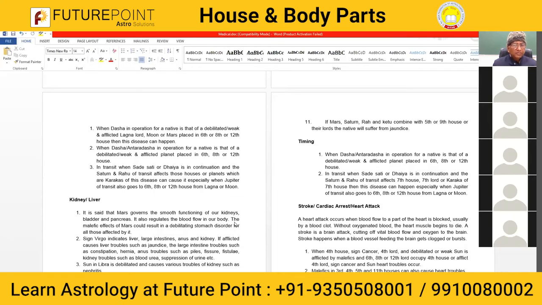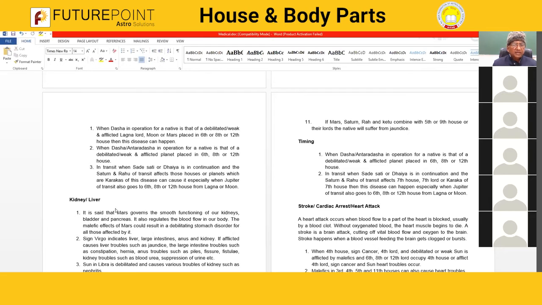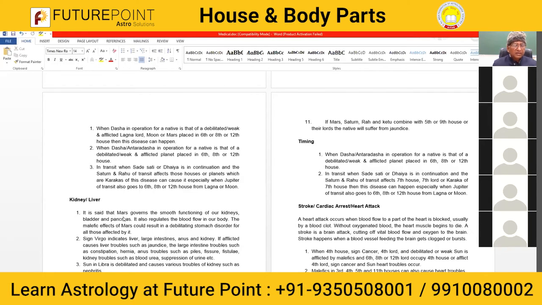Moon is actually the liquid part of the blood, and Mars is the RBCs, WBCs, etc. The liquid part is Moon. RBCs are Mars, and if Mars is debilitated, etc., then RBCs become less and the hemoglobin level comes down.